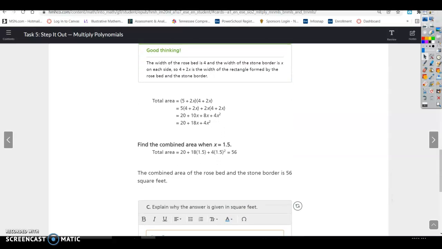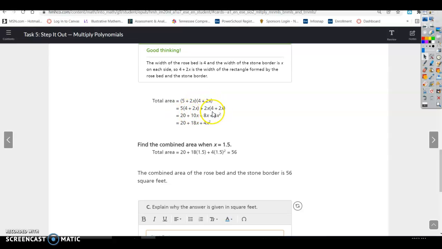All right, so it says the total area is 5 plus 2x times 4 plus 2x. So we would multiply those together. You do 5 times everything in this parentheses, and then 2x times everything in this parentheses. That's called the distributive property.